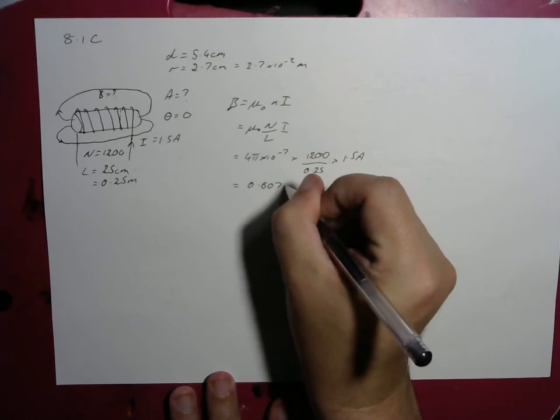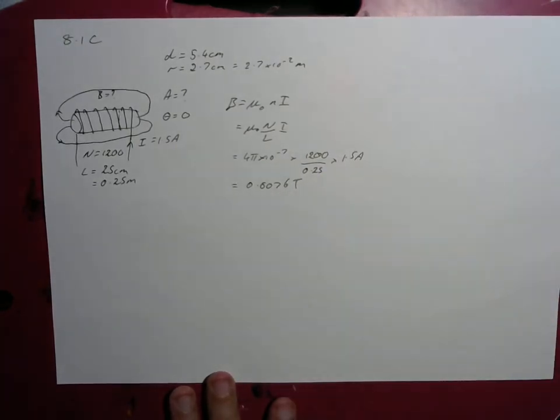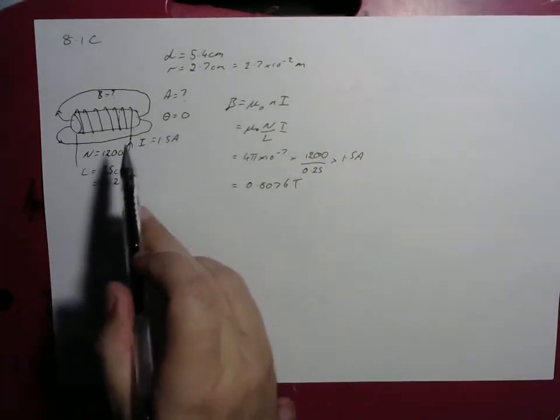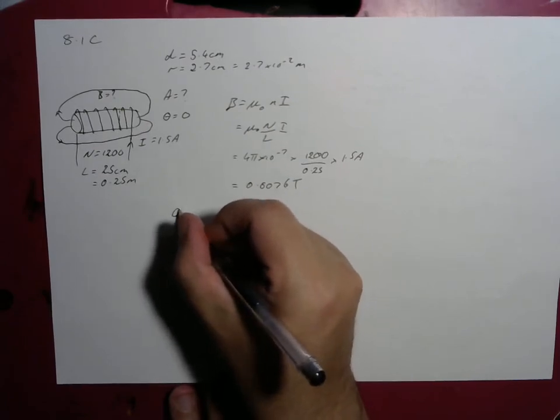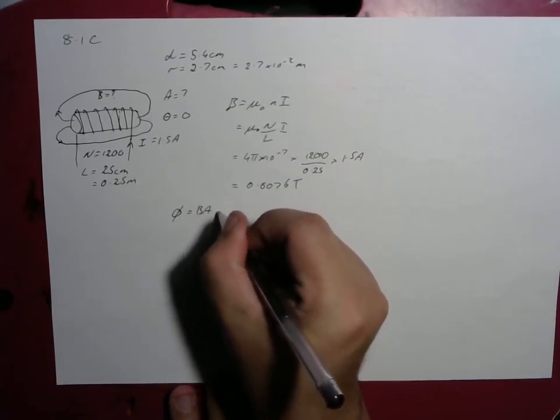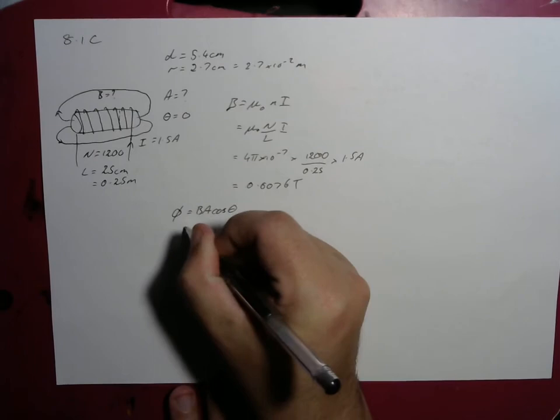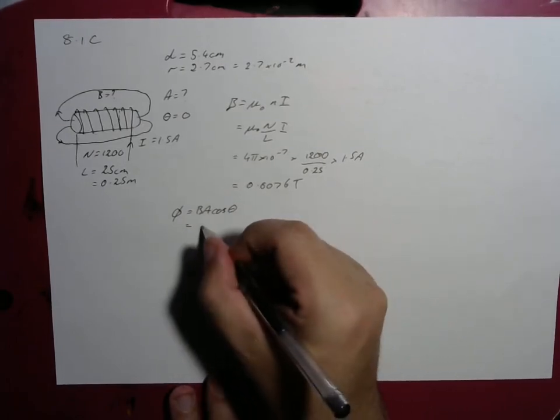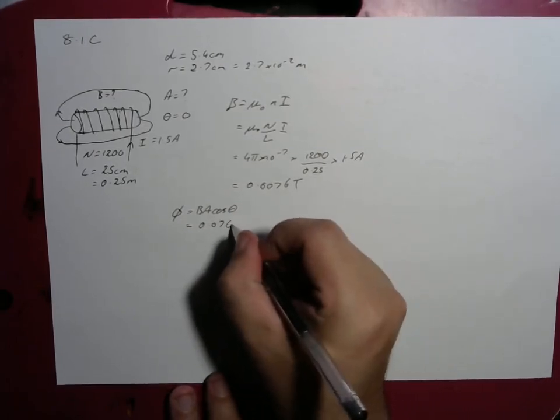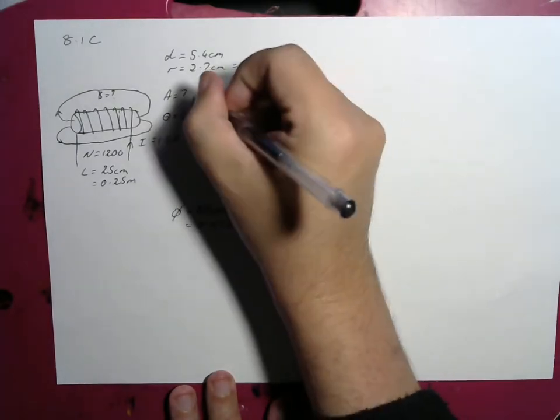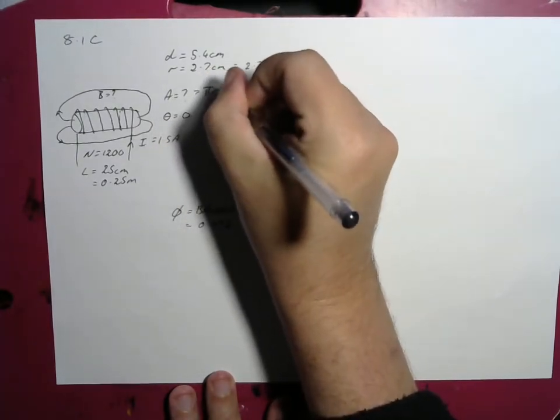And we would get a total field strength of 0.0076 Tesla. Now we can take this and shove it into our flux formula. Phi equals BA cosine theta. B is 0.0076. Well, we need to work out our area.